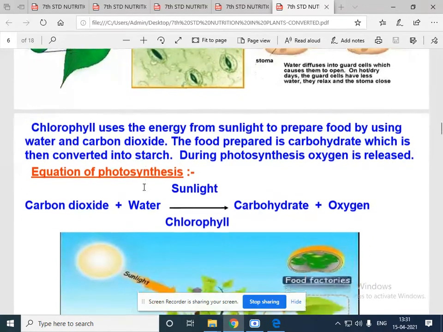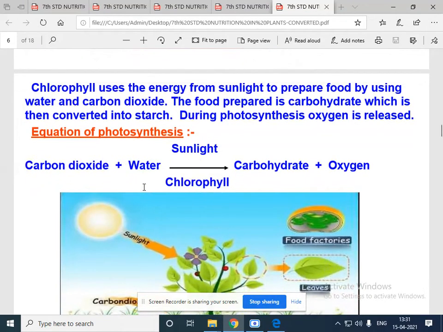You know that for photosynthesis we mainly require chlorophyll, sunlight, water, and carbon dioxide. All these things are necessary to carry out photosynthesis in plants.